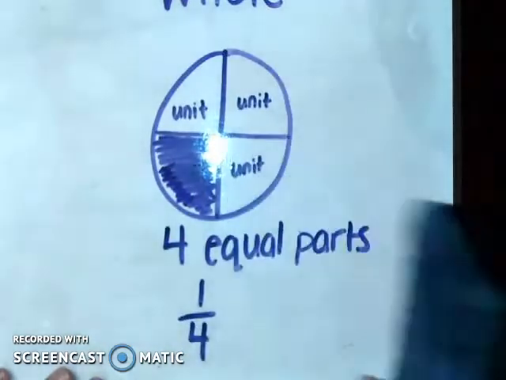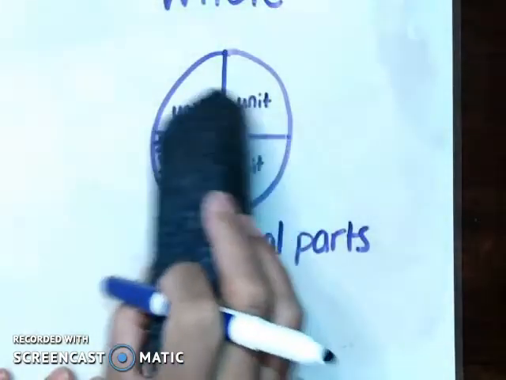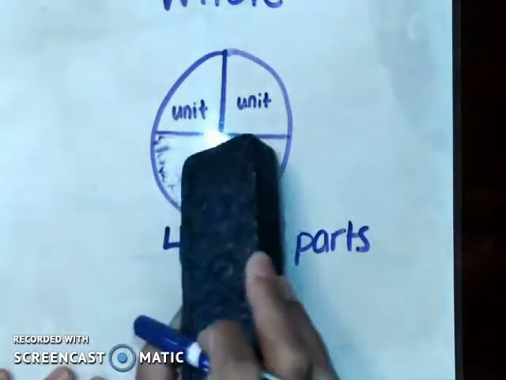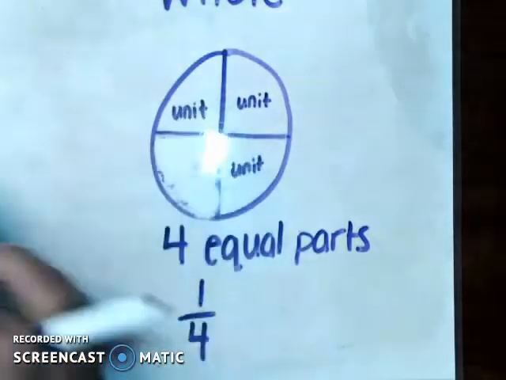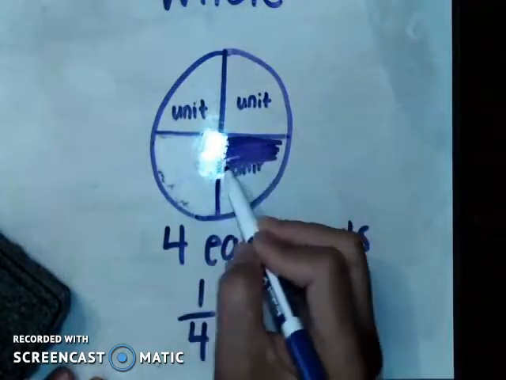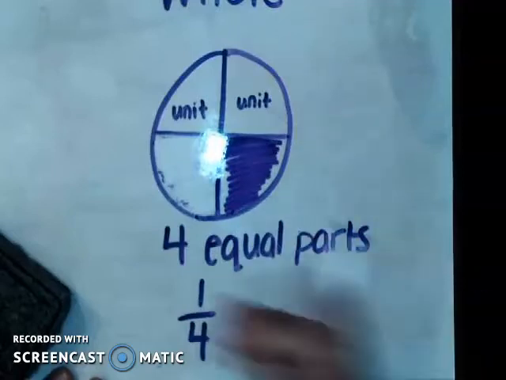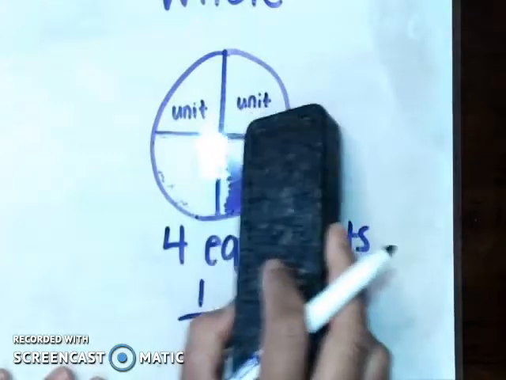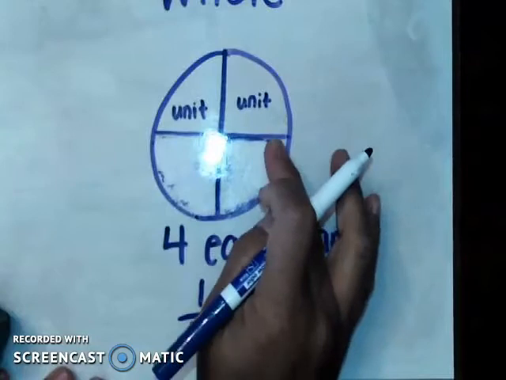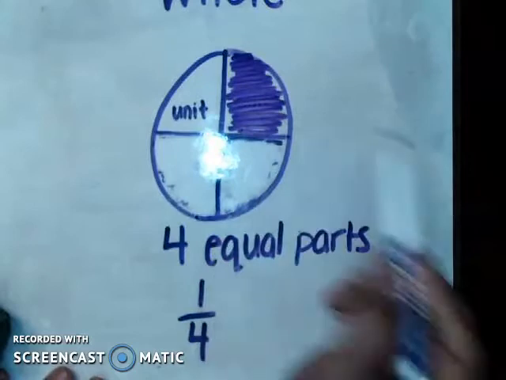Now, it doesn't really matter which unit you shade in. You could have shaded that one in, or you could have shaded this unit in, and it would still be 1/4. You could have shaded this unit in, and it would still be 1/4.